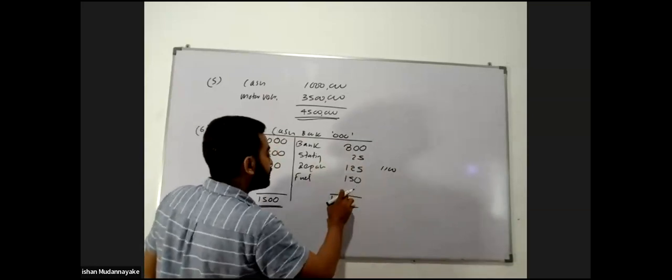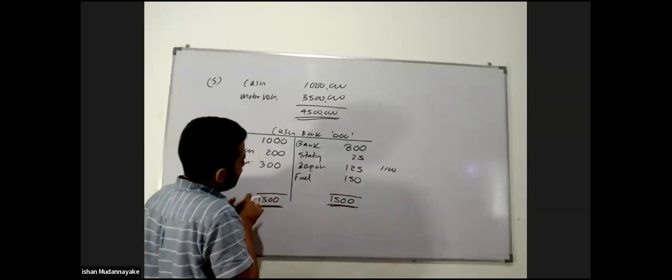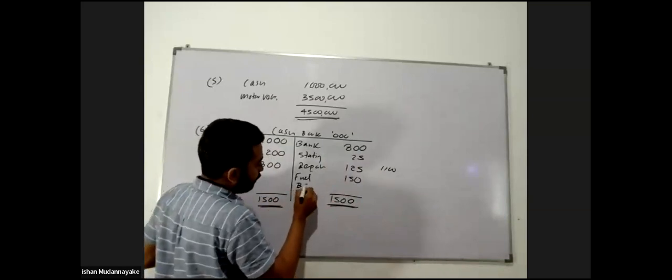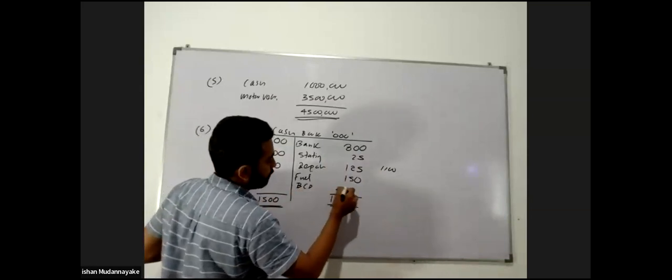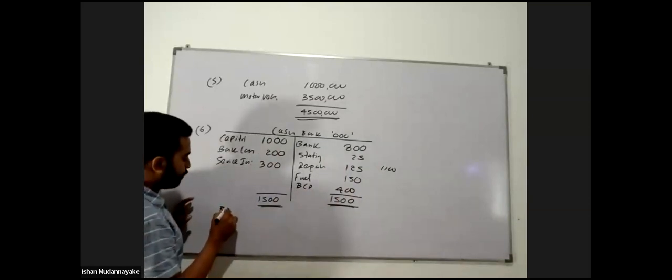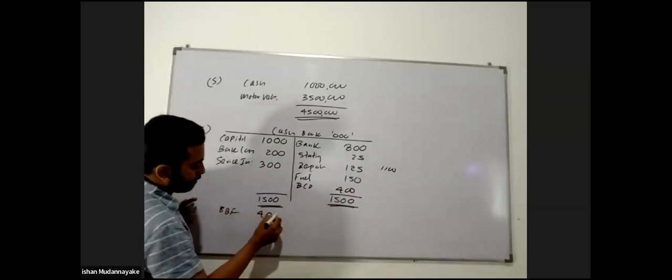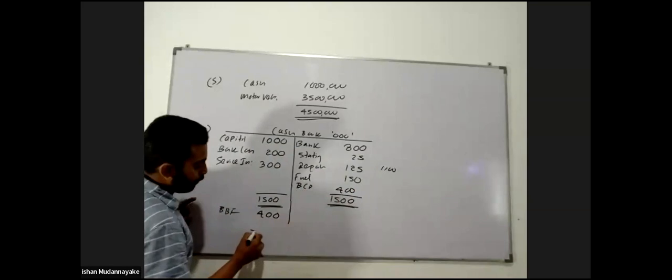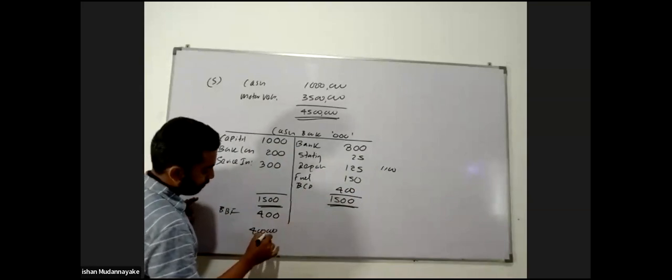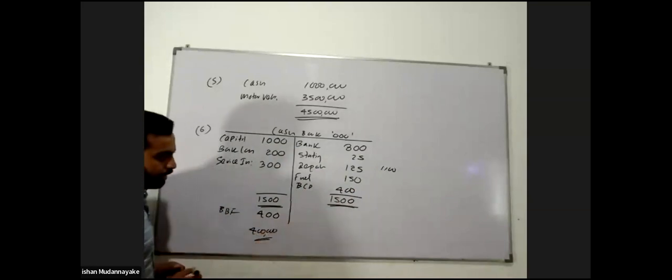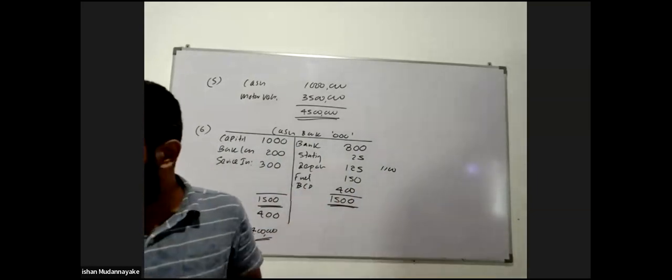Then the balance cash amount, balance carried down, is 400,000. Balance brought forward 400,000. Closing cash balance 400,000. Clear? Do you have any doubt?